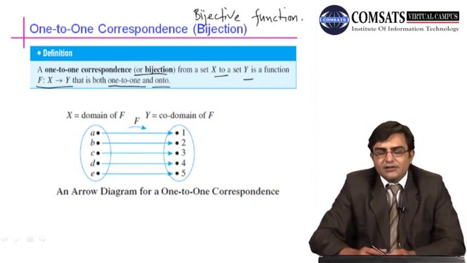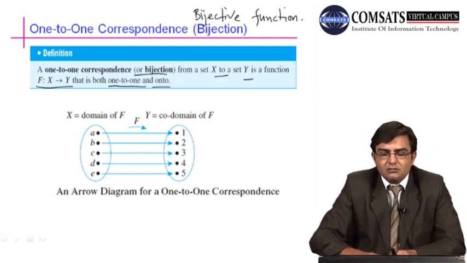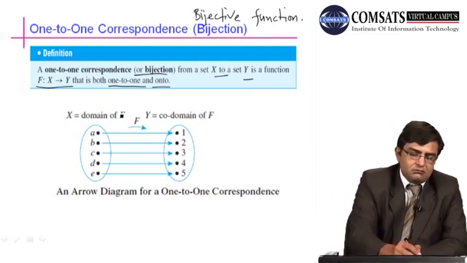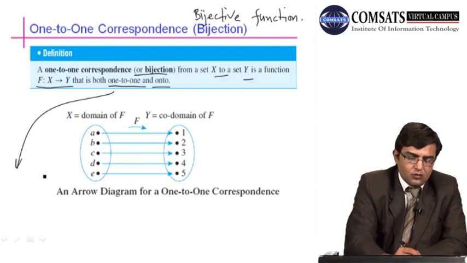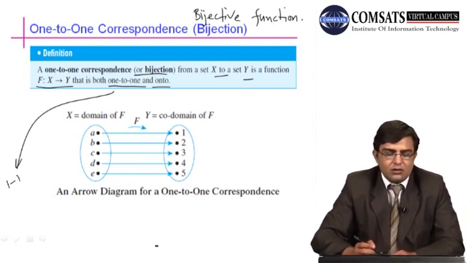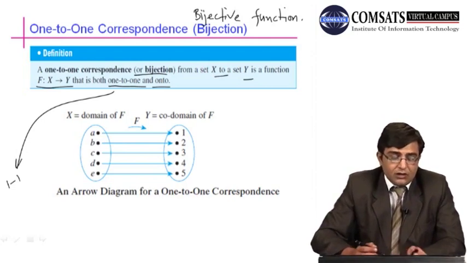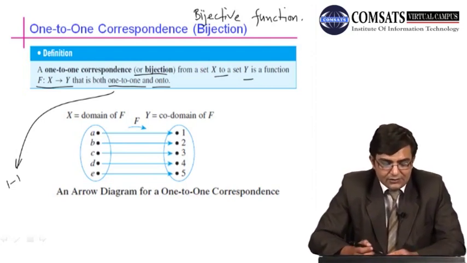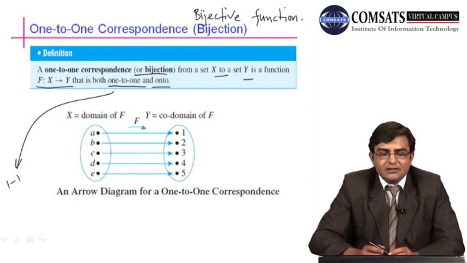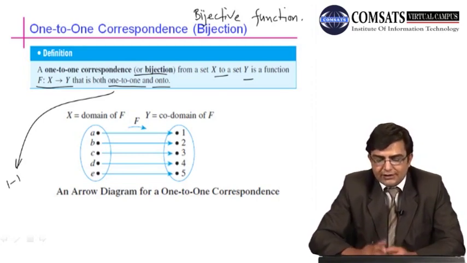Shortly we write it as one-one. So any function which is both one-one and onto is called a bijective function, or bijection, or one-to-one correspondence between two sets.